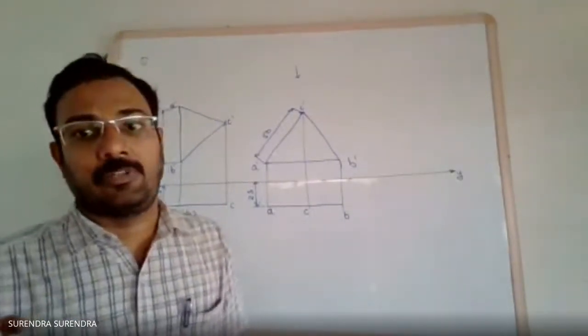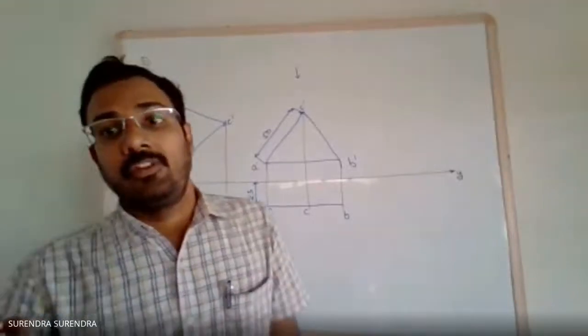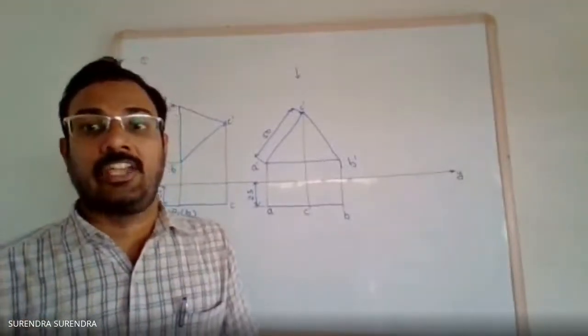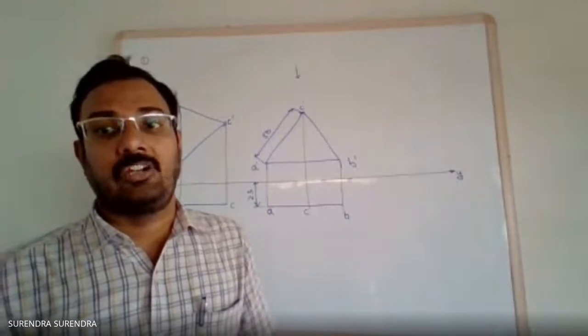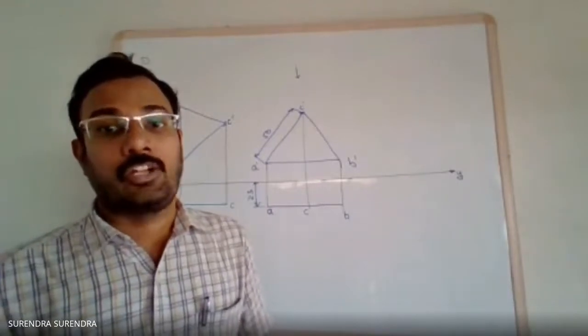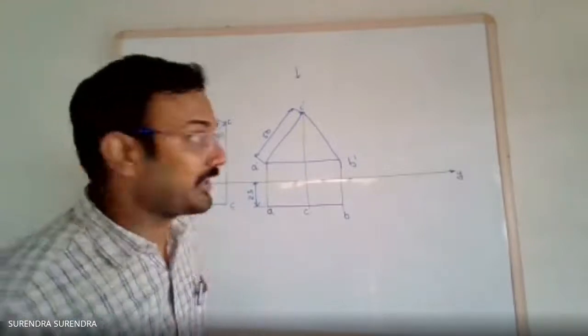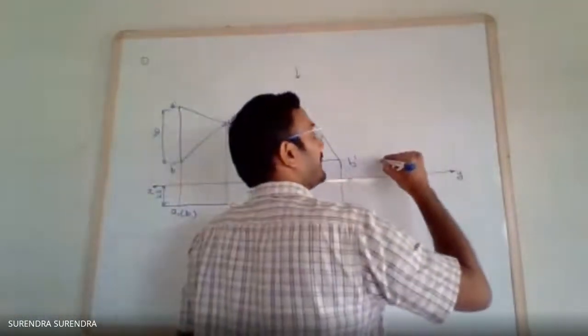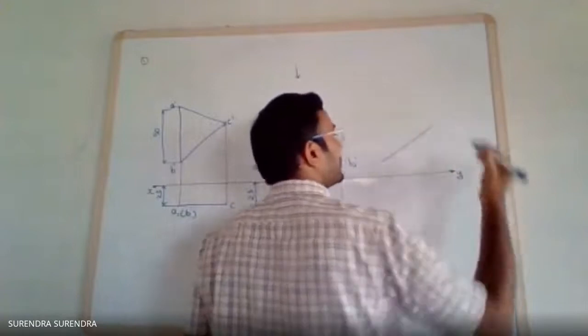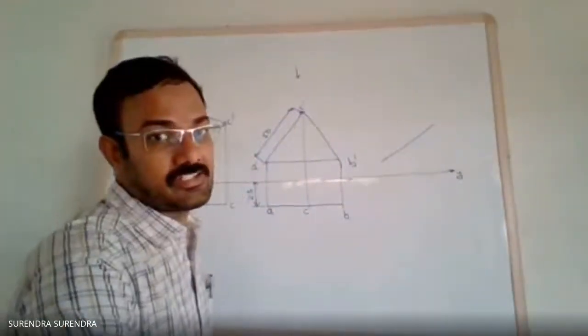Next, coming to the third problem, with one of its sides inclined to the HP at an angle of 45 degrees. It's not 450, it is 45 degrees. First draw the line AB with 45 degrees inclination.